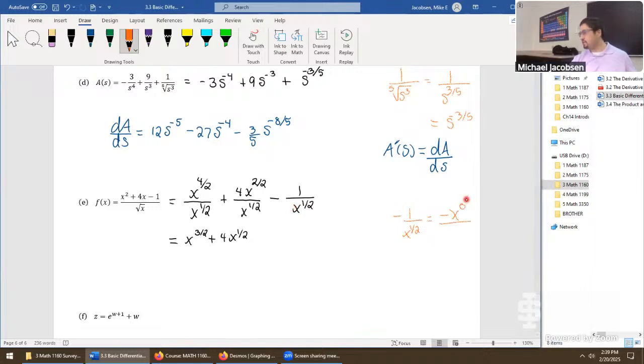Because x power 0 is 1, divide by x 1/2. That means we get negative x power -1/2. We're just taking 0 minus 1/2. Much like over here, we took 2/2 minus 1/2 to get the 1/2. Really, it's the same kind of pattern, even if there's no x there. So we can say that this is minus x to the power -1/2.